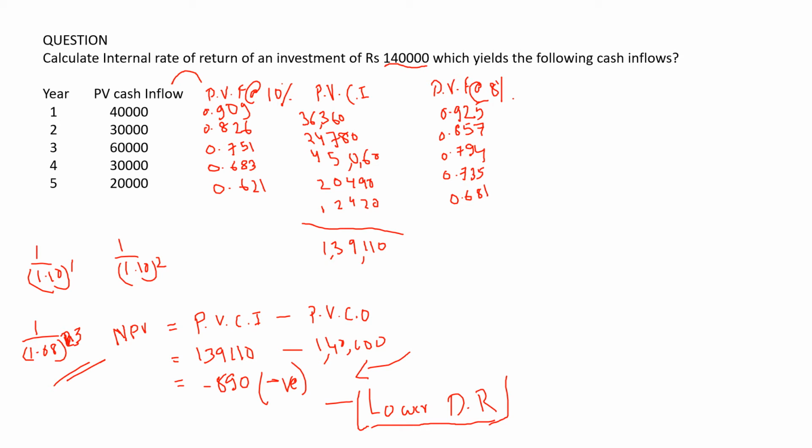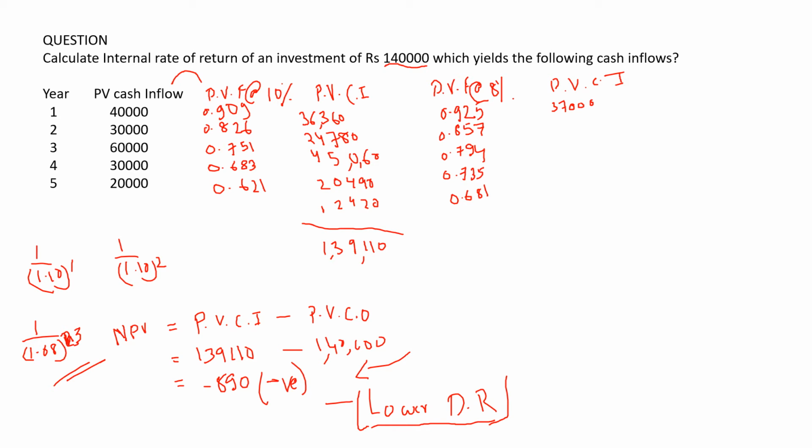Once we have calculated the present value factor, now we will have to multiply it with the cash inflow. Cash inflow into present value factor. That is 40,000 into 0.925 to find out the present value of the cash inflow. So it will be 37,000 for the first year.